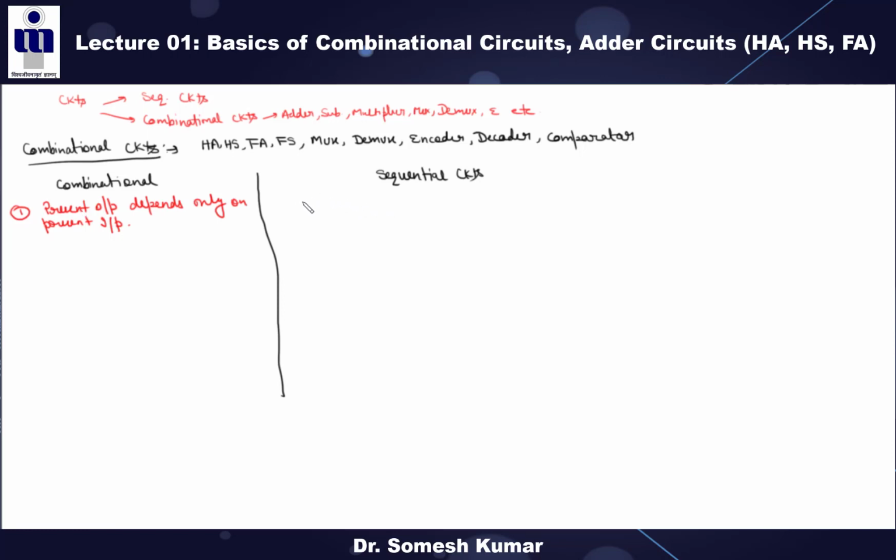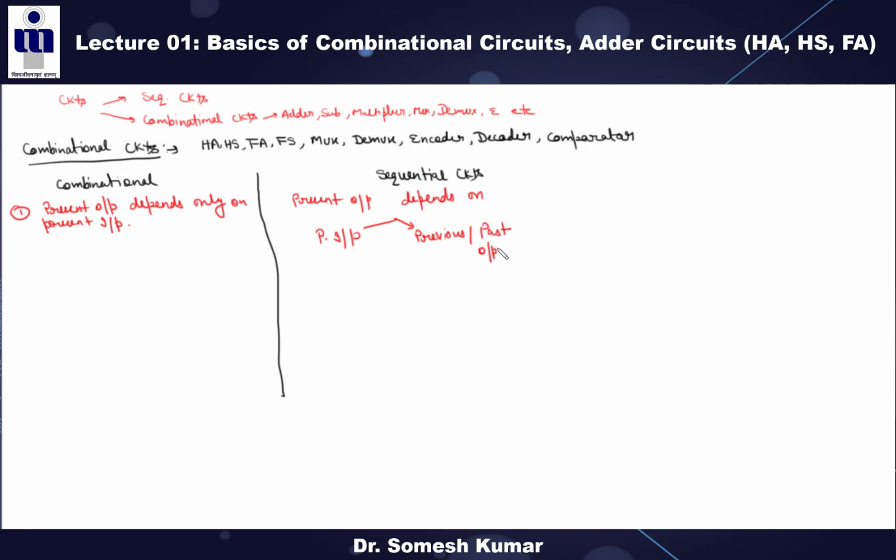While in sequential circuits the present output depends on two things. First, it depends on the present inputs, and second, it depends on the previous or past inputs, or we can say the previous or past outputs.